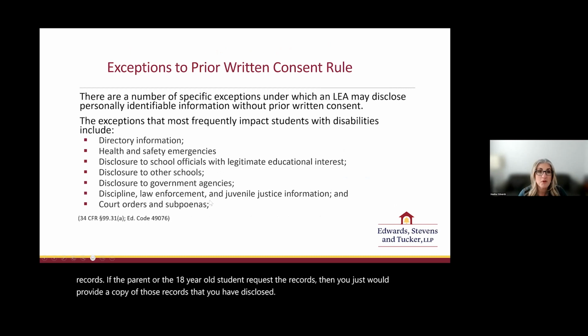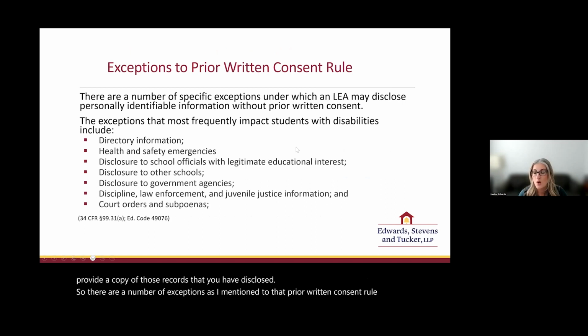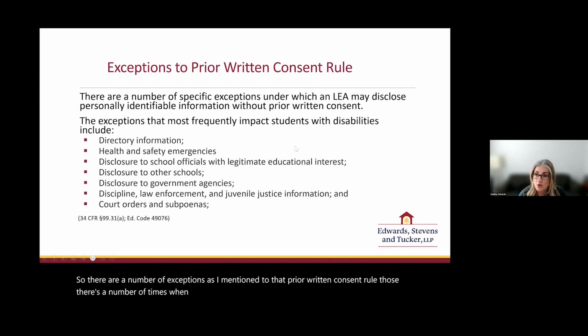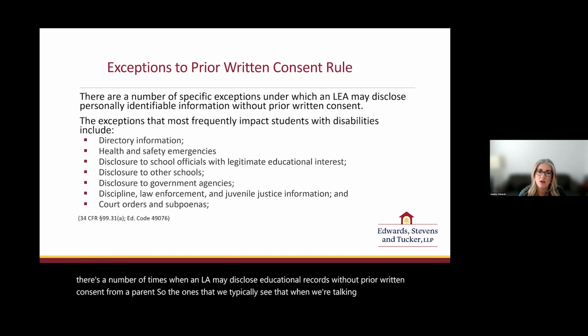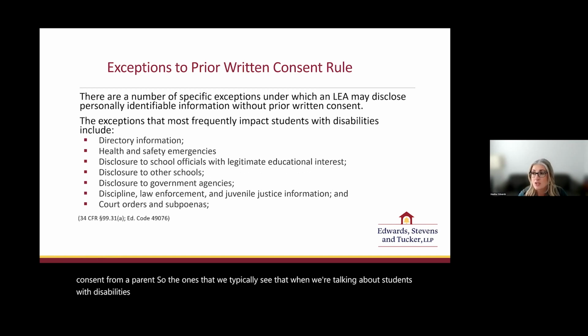So there are a number of exceptions, as I mentioned, to that prior written consent rule. There's a number of times when an LEA may disclose educational records without prior written consent from a parent. So the ones that we typically see when we're talking about students with disabilities are requests for directory information.